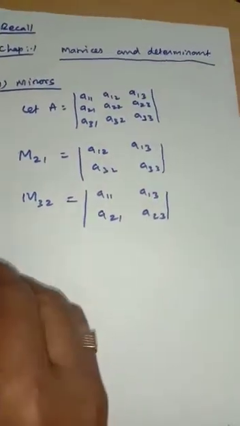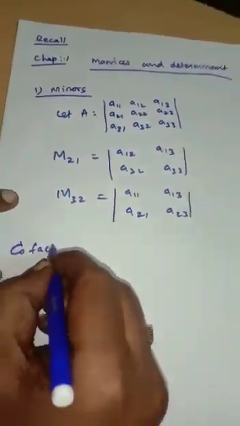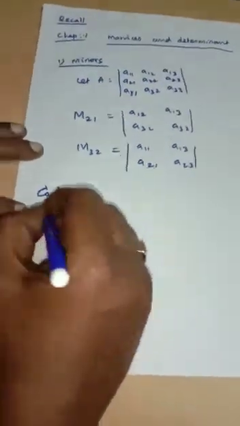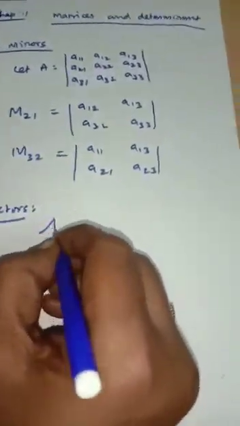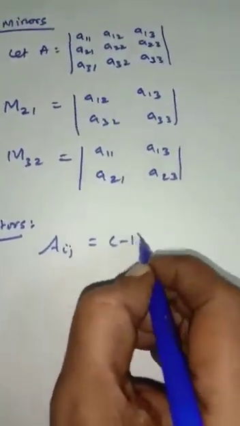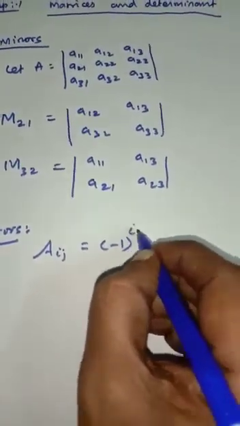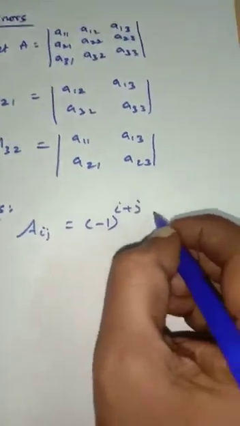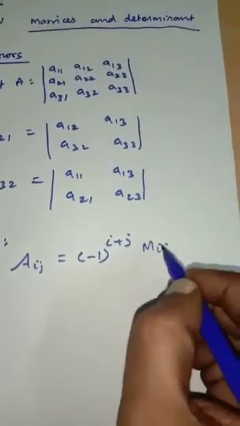Cofactors. The formula is Aij is equal to minus 1 power i plus j, Mij. This is the formula.